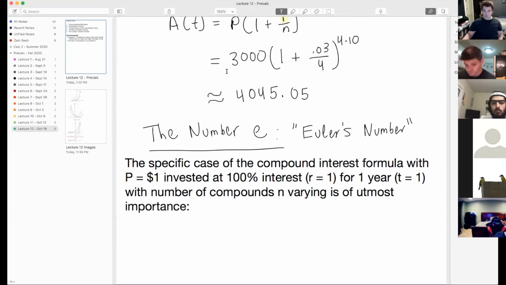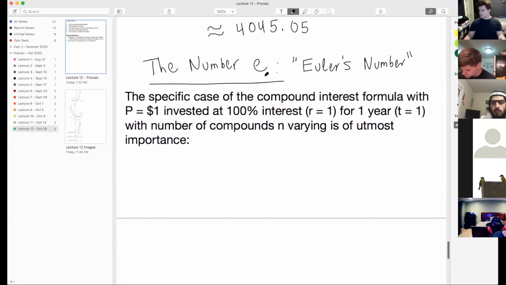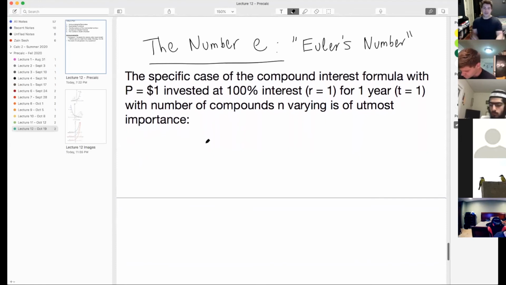Now let me write what this formula looks like with these specific variables. A is equal to, so P is 1, right? So that goes out in front.